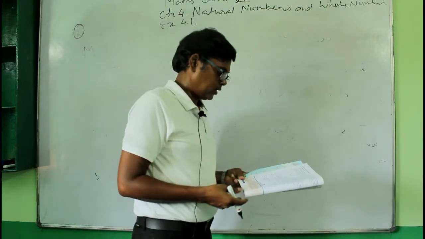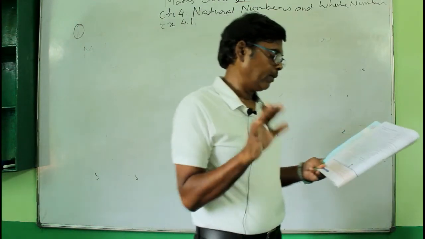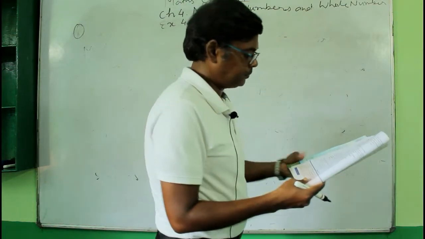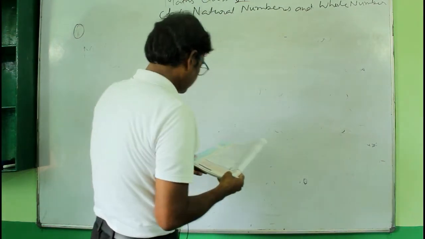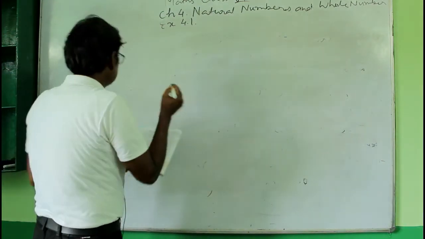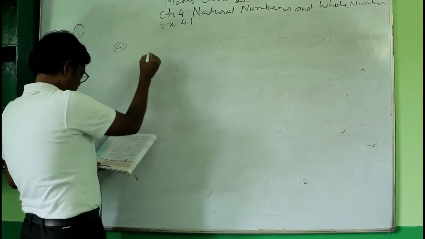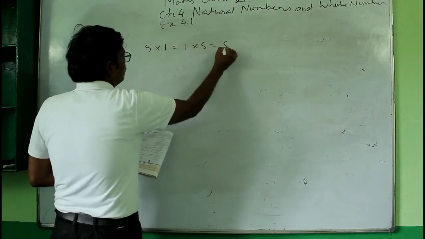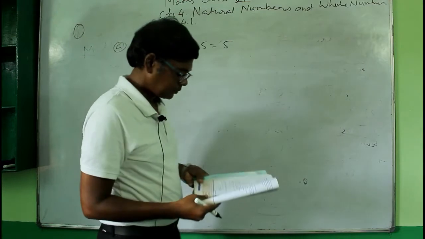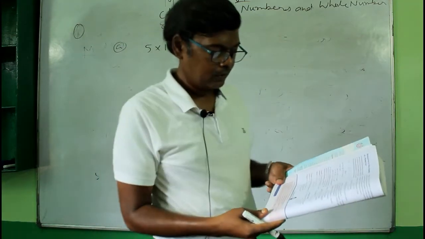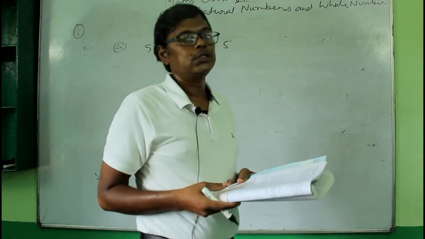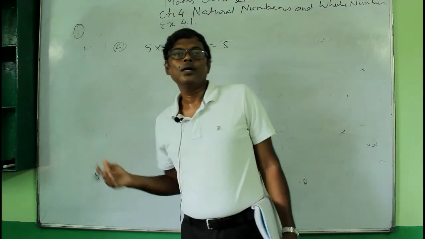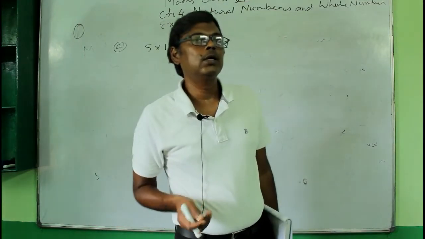Now exercise 4.1. In the first question, you have to match each of the following with the appropriate property. The answer of the first question is this: 5 into 1 equal to 1 into 5 equal to 5. This is the multiplicative identity, because when you multiply 1 to any number, the answer will be the number itself.